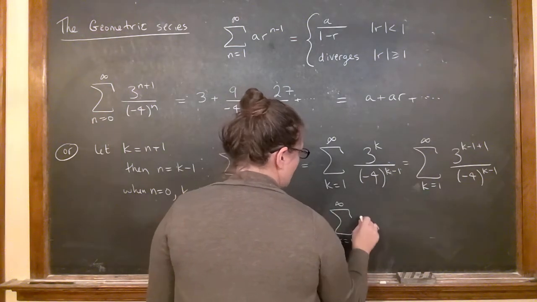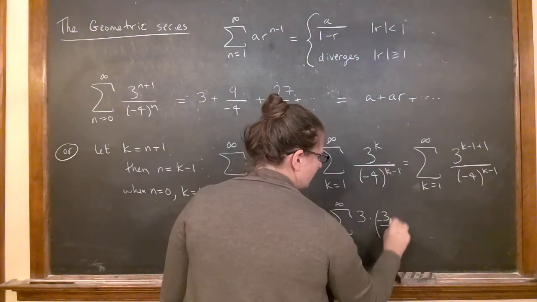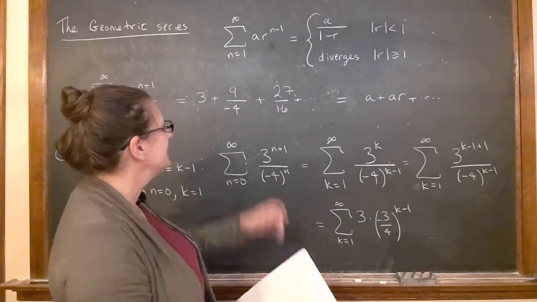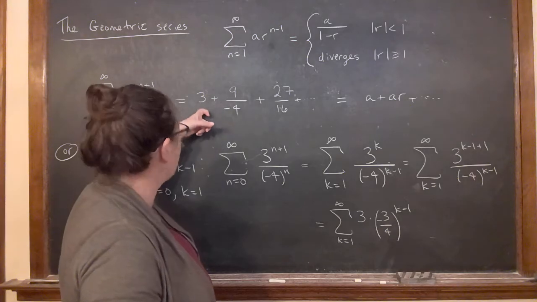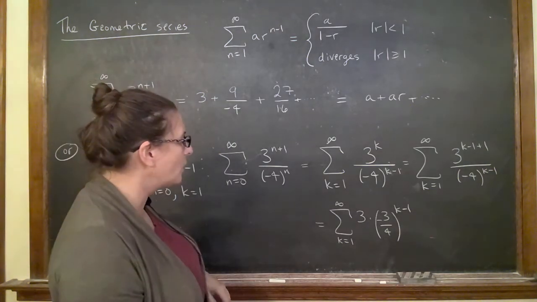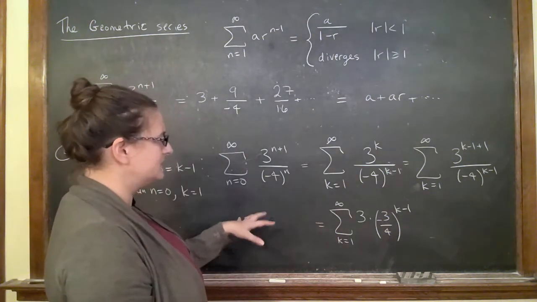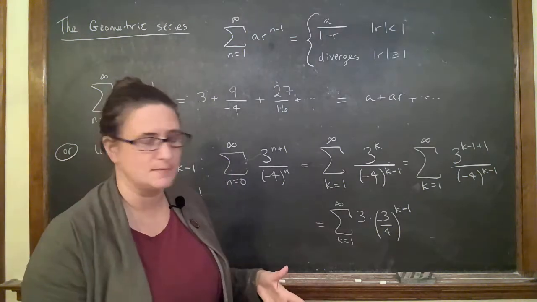So this would end up being 3 times negative 3/4 to the k minus 1. And if you did it the other way, you would get that too, by the way. Because you can see A is 3, and then AR would be 9 over minus 4. So R would be minus 3/4. So either way is fine. But it is sometimes useful to change indices of summation.